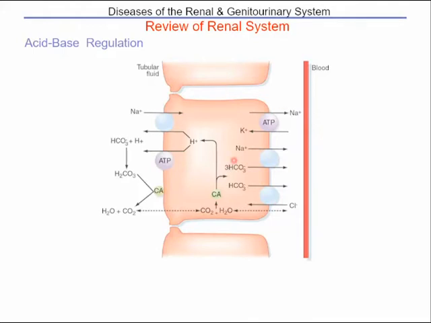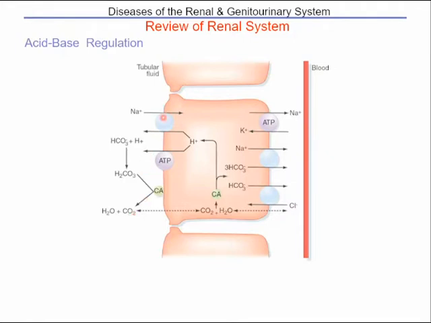So hydrogen ion secretion across, so this is the apical membrane. This is the tubular space, where your filtrate goes through before it is eliminated via the urine.